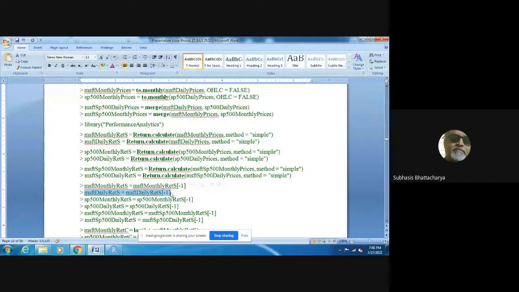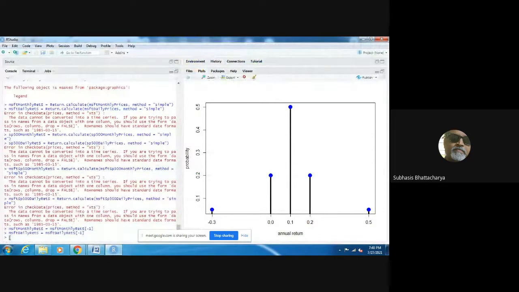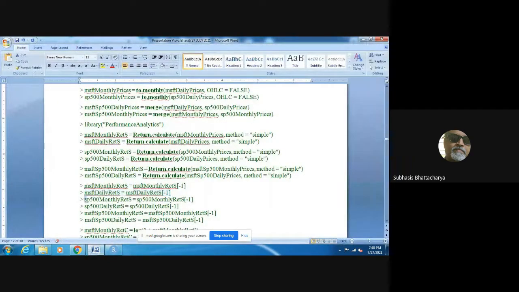I'm removing the missing things, if there is any missing information over the data.